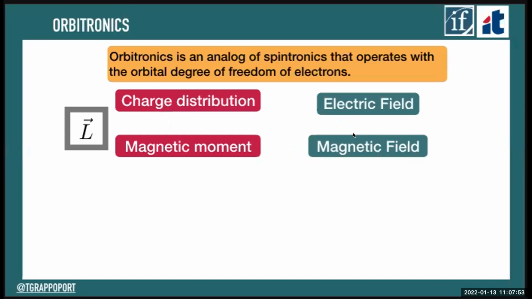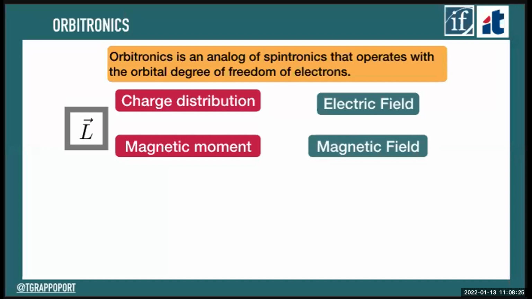However, if you think about the orbital angular momentum in a simple way in an atom, it is connected to a charge distribution, but at the same time, it has a magnetic moment. So we know that it can be manipulated with both electric and magnetic fields without the need, for example, of an exchange interaction or the spin-orbit coupling. And this, of course, opens the possibility of using a large pool of materials for this type of manipulation.